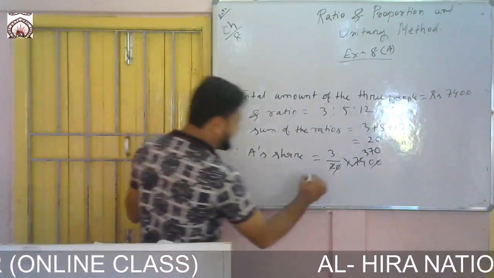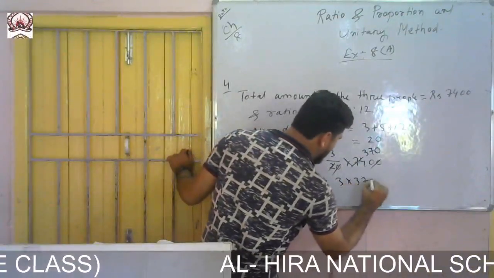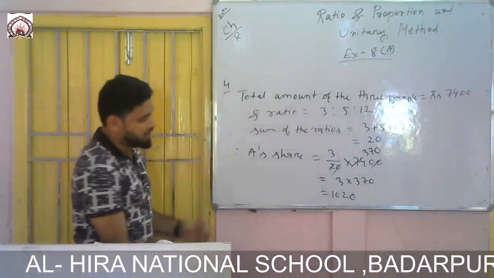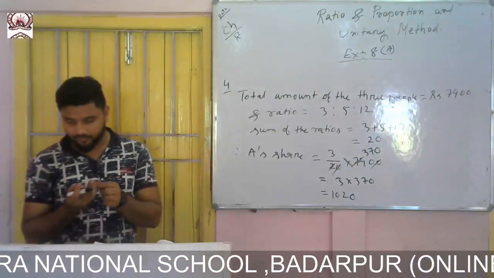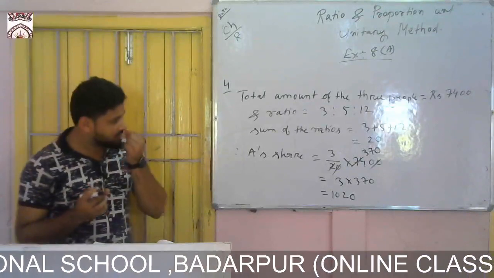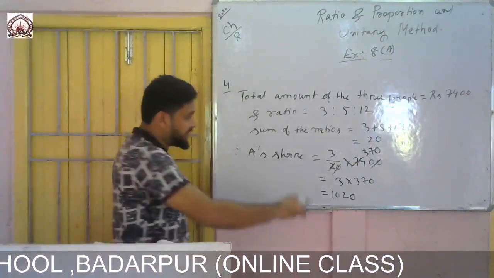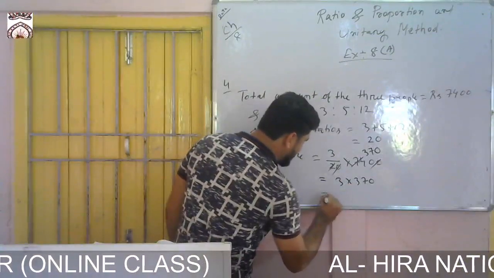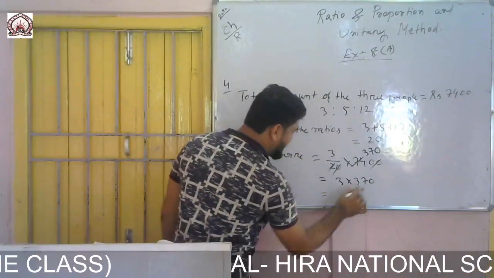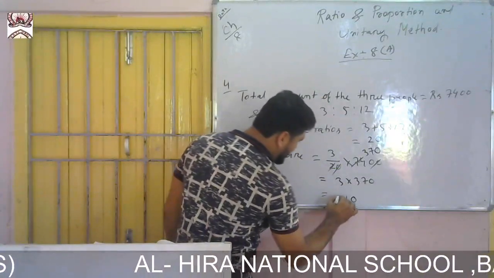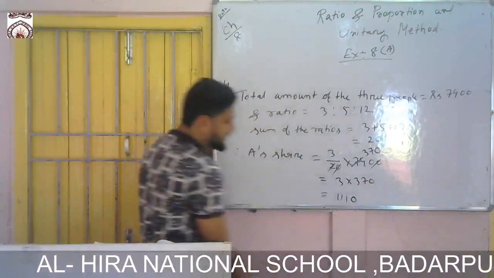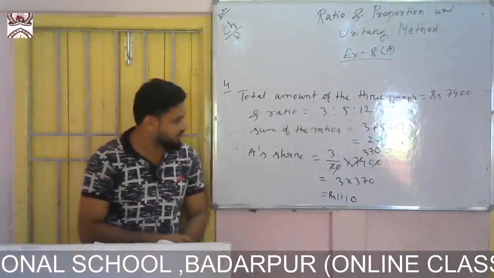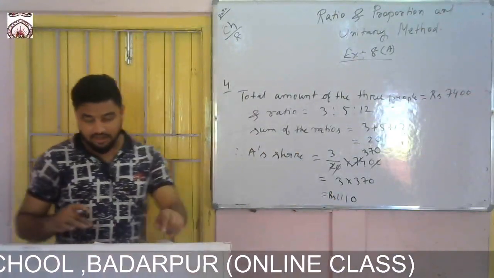So you can multiply 3 into 370: 3 sevens are 21, remain 2, 3 threes are 9, then 11, so 1110. So this is A's share.